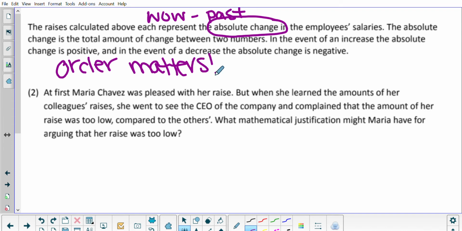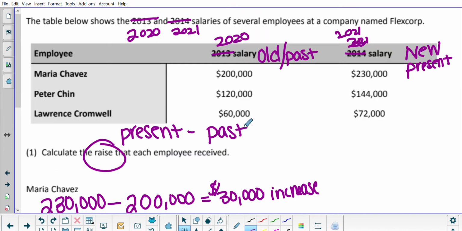Okay? So what do I mean by order matters? Suppose that my 2021 was really 200,000 and my 2020 was 230,000. Okay, so imagine I switched these. If I were to subtract them using my little formula, now minus past or present minus past, okay, I would then be getting a negative amount. And that would tell me that I decreased in my pay or how much I made, okay?